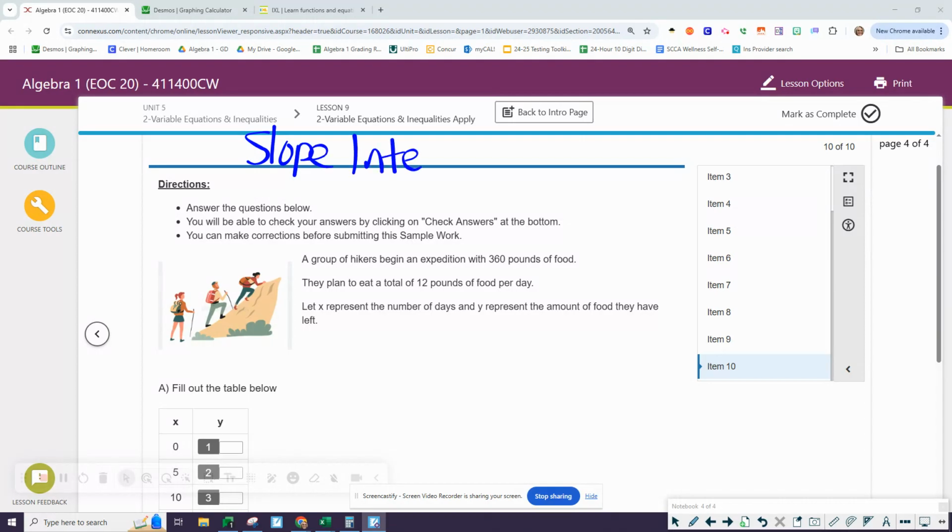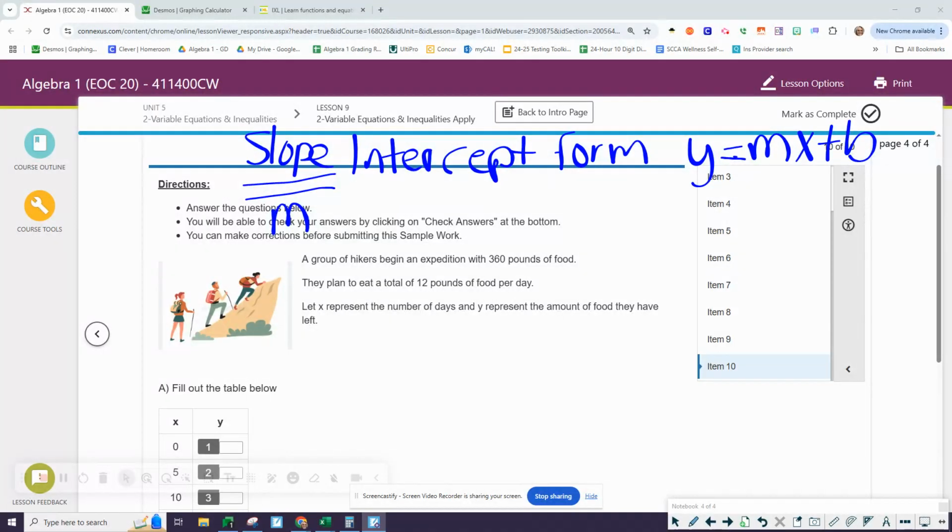Slope-intercept form, okay? That's y equals mx plus b, where the slope is your m and your y-intercept is your b value.